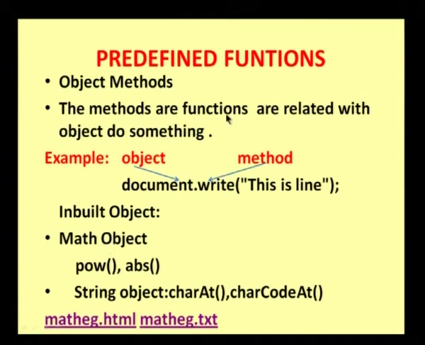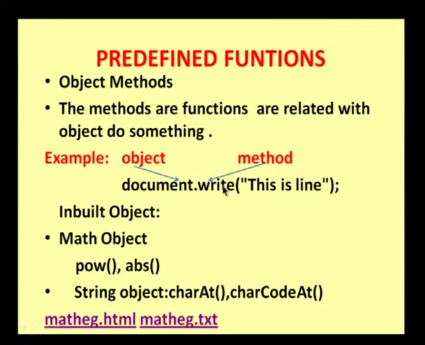These methods or functions are related to an object to do something. For example, here, document.write. Write is a built-in function present in the object document, and write is a built-in method. Here we are using a predefined object by calling this predefined method write.